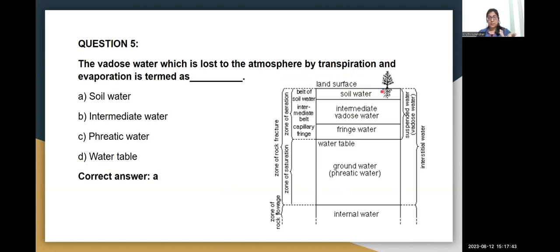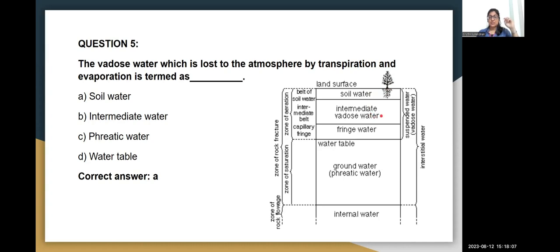When evapotranspiration, which is a combined process of evaporation and transpiration, occurs, it is water from the soil water zone that is transpired, and also the water available here that is evaporated into the atmosphere.